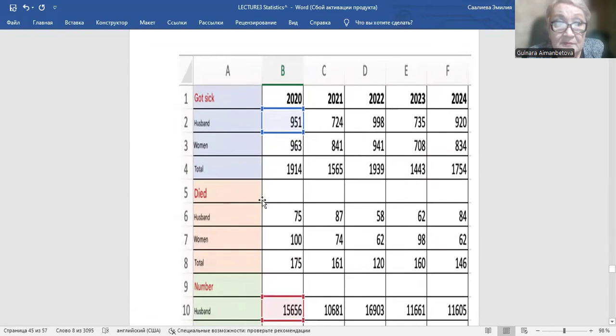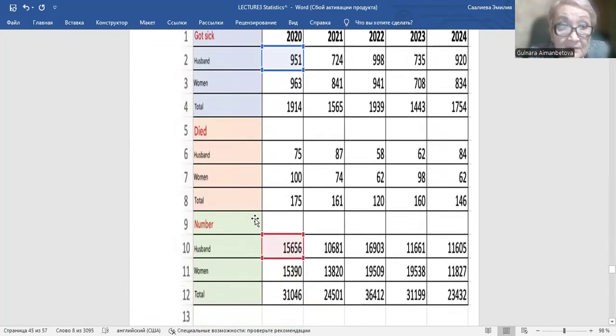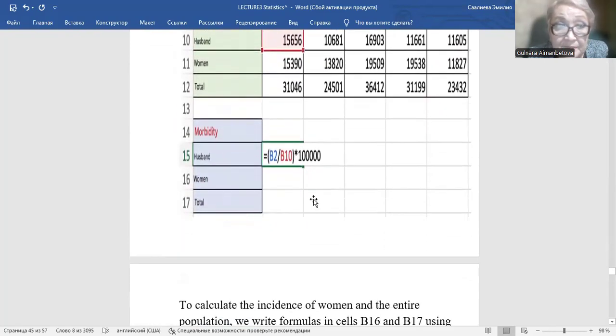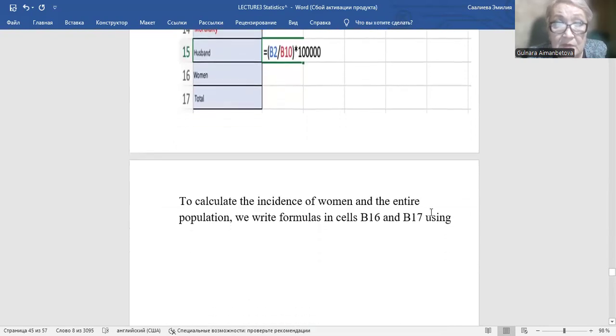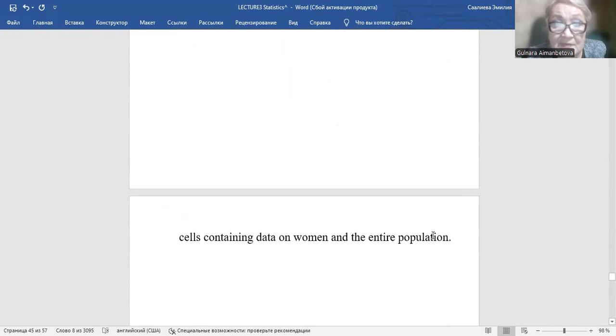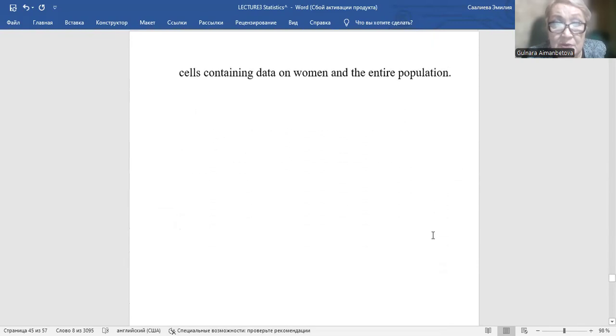Got sick, died, morbidity, B2, B10, 100,000. To calculate the incidence of women and the entire population, we write formulas in cells B16 and B17 using cells containing data of women and the entire population.